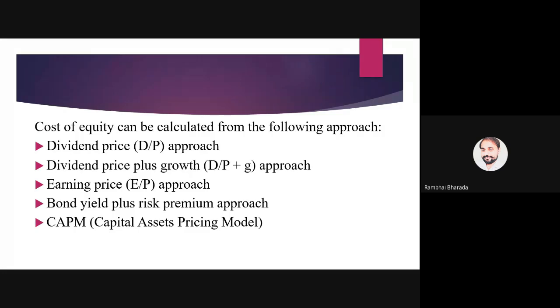Some authors have called it a dividend approach, a dividend technique, dividend method. Second one is dividend price plus growth approach. Third is earning price approach. Generally, it's known as EPS, earning per share. Number 4, bond yield plus risk premium approach.